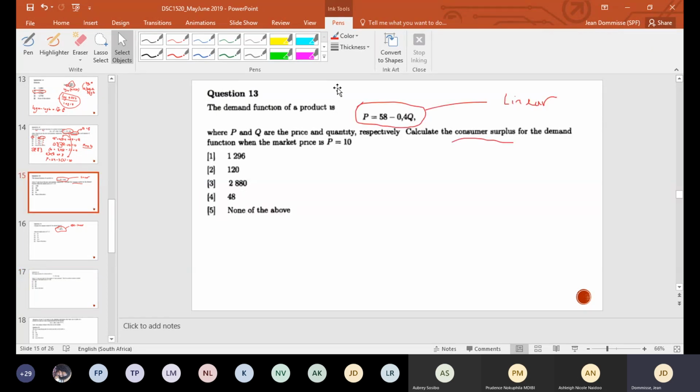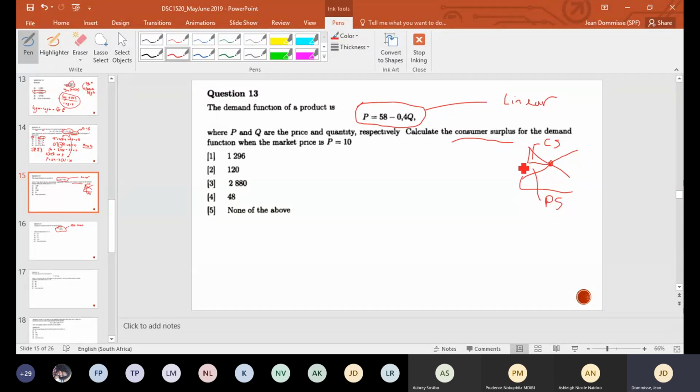So when we work with a linear equation, then we work with the normal one, and I'm just drawing the two graphs that we normally get. We need to work out, I think, the consumer surplus and the producer surplus.